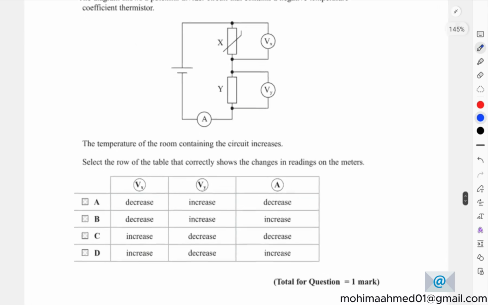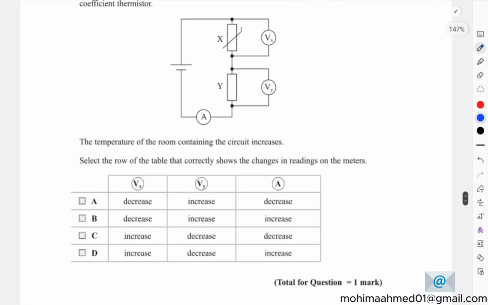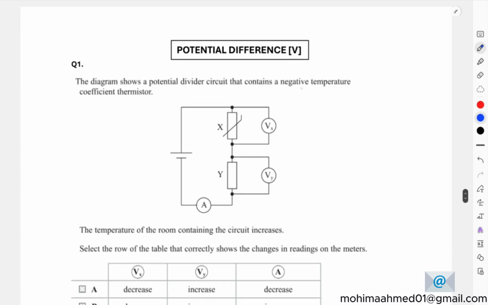Now it says that the temperature of the room containing the circuit increases, and as we're talking about negative temperature coefficient conductors, if temperature increases, resistance would decrease. They are inversely proportional. So let me write this down: negative temperature coefficient conductor, temperature inversely proportional to resistance.